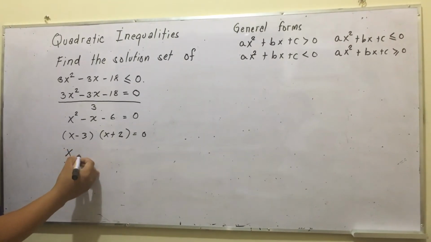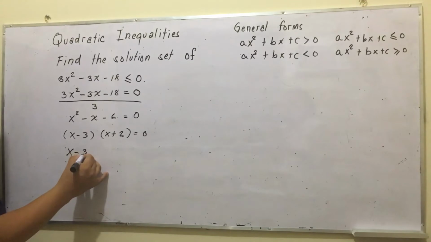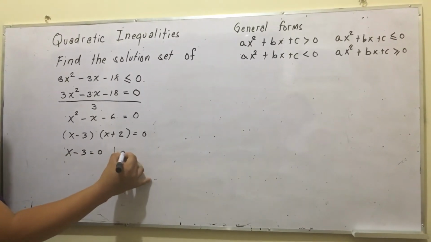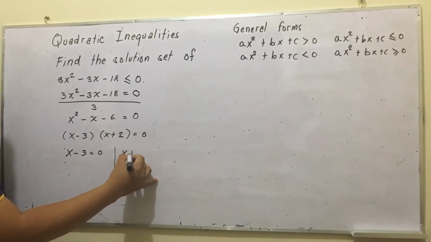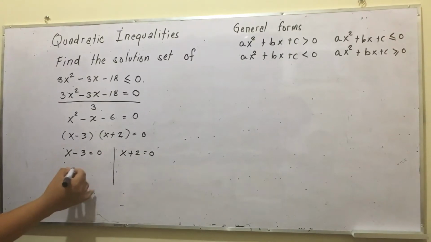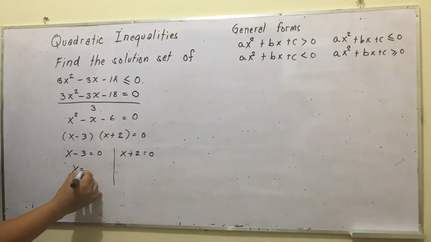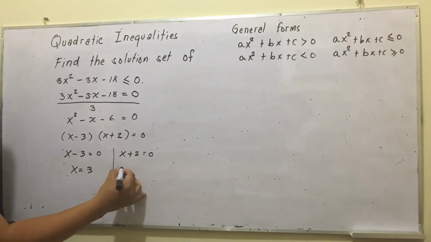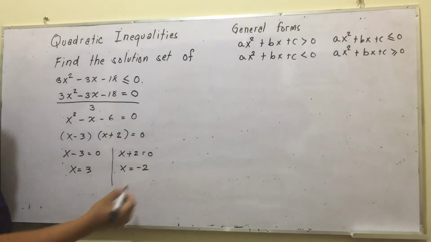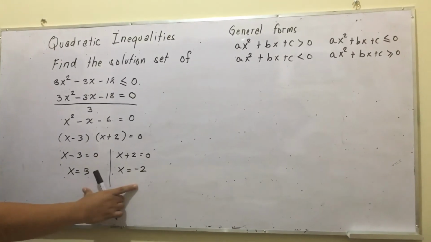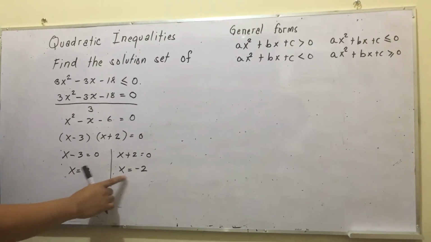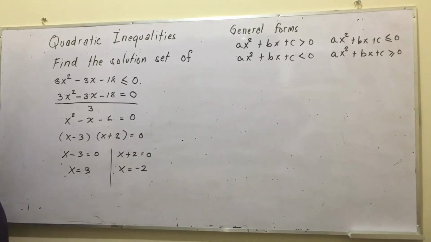So your roots are x minus 3 equal to 0 and x plus 2 equal to 0, which becomes x equals 3 and x equals negative 2. This now is your critical point: x is equal to 3 and x is equal to negative 2.